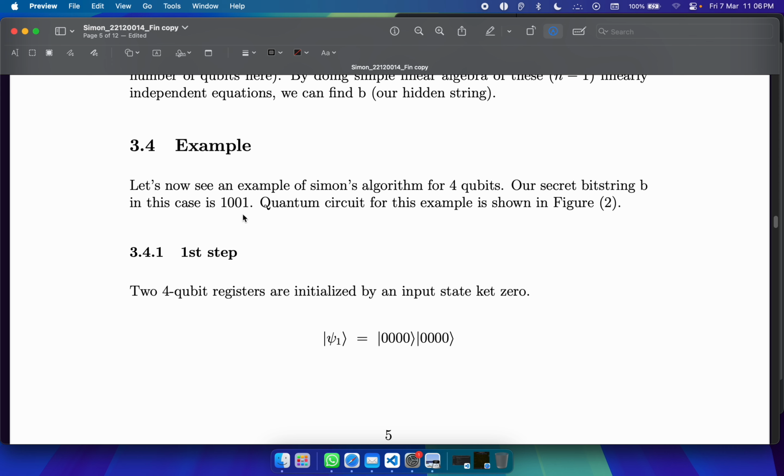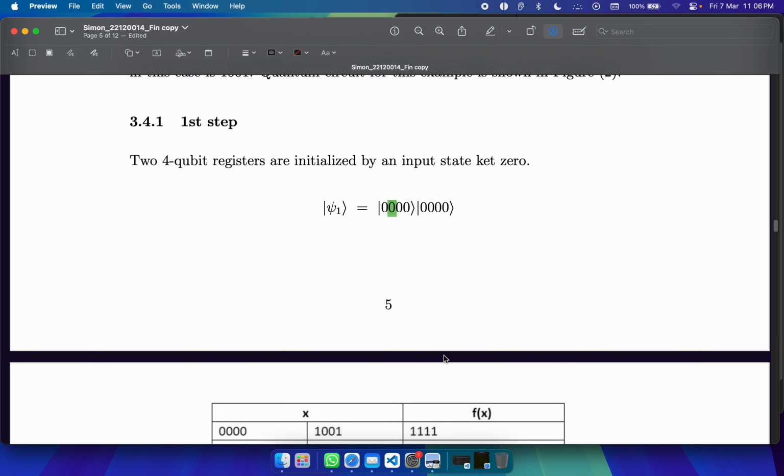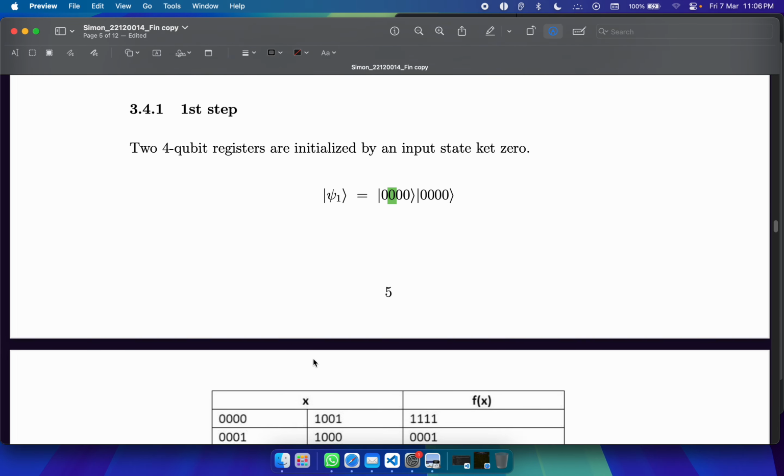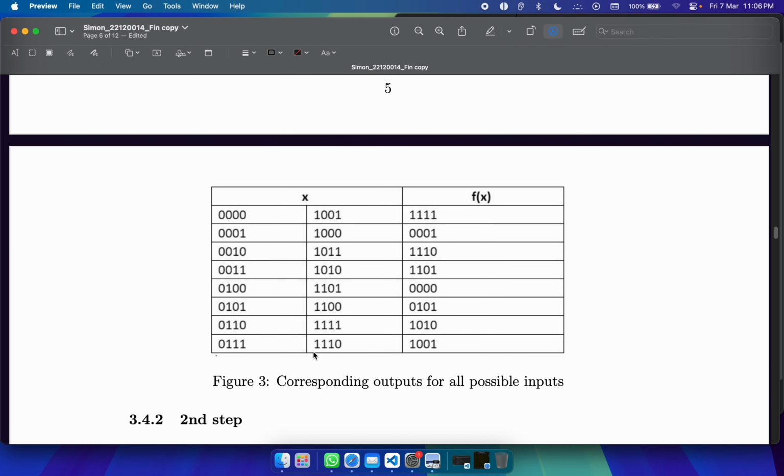Since this is 4 qubits, you get 4 qubits in the first register and 4 qubits in the last register. And now these are in tensor product form. And we have devised a function where, since this is 4 qubits, you'd get 16 inputs, 16 possibilities, 2 to the power n, and these are all the 16 inputs.